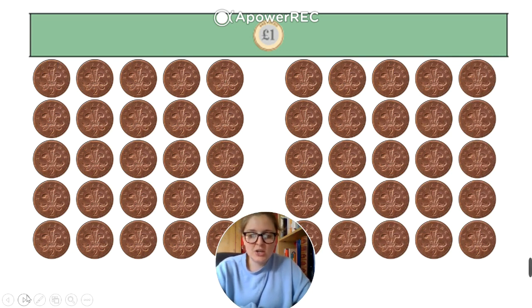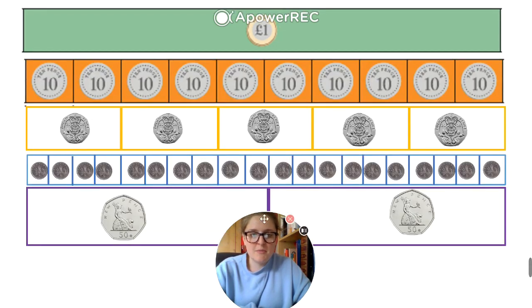And the next slide shows that with the other values of money. I could have 10 10p pieces. I could have 5 20p pieces. And that will give me a pound because 20, 40, 60, 80, 100, a pound. I could do it in 5p pieces. 5, 10, 15, 20. And 4 of those make a 20p piece.